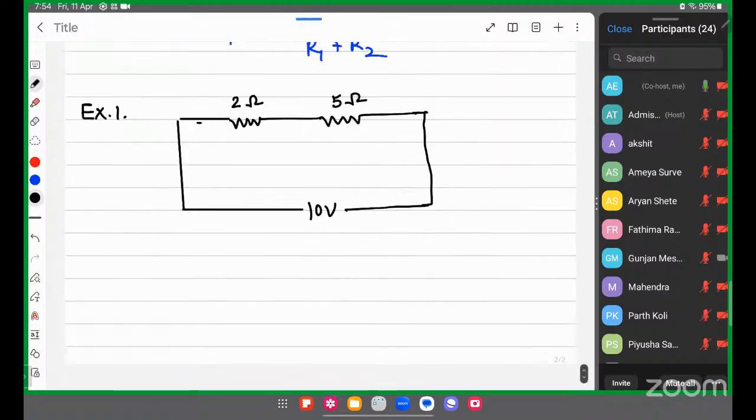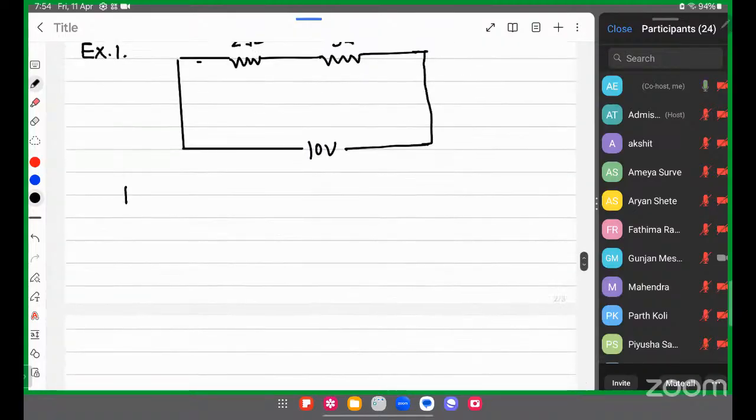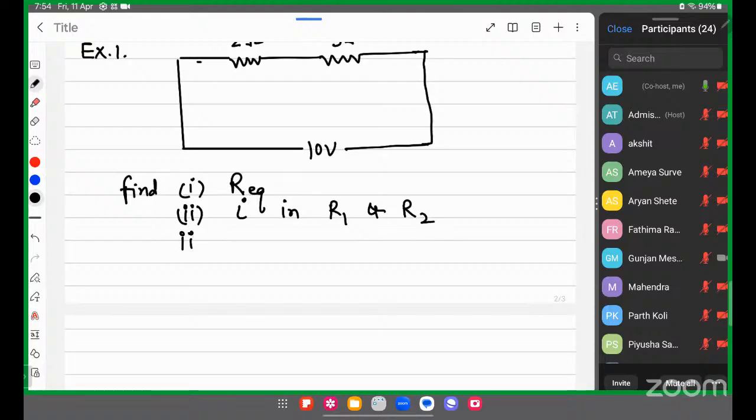You have to find out in this figure: number one, net resistance; number two, electric current I in R1 and R2 both; and three, potential V for R1 and R2. This is the question.